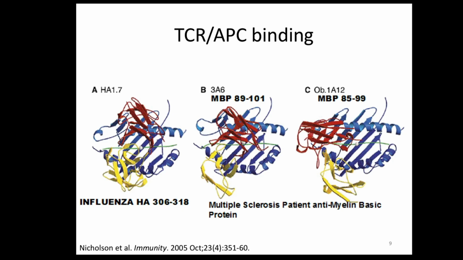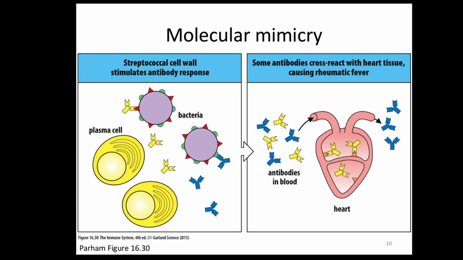Because of obvious reasons, I've been talking a lot about T cells in thinking about all of these things, but I will absolutely say that antibody responses can also show some of these same situations. One really, really famous example is something called rheumatic fever.